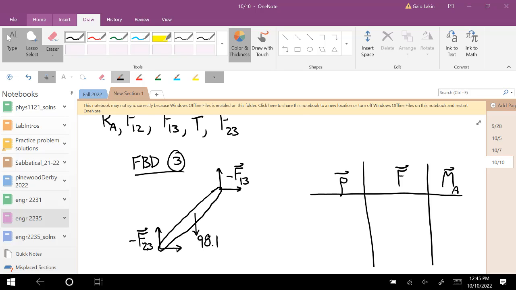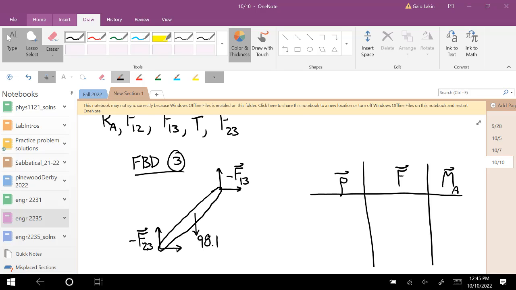But since we're treating it like it's not touching 3 directly, we don't put it in the free body diagram for 3. So all those things come through in the math indirectly. But in the free body diagram, you're just looking for the things making direct contact with your body.